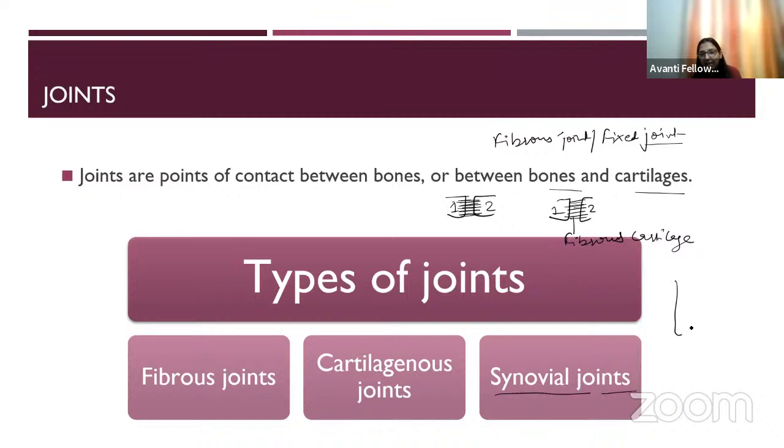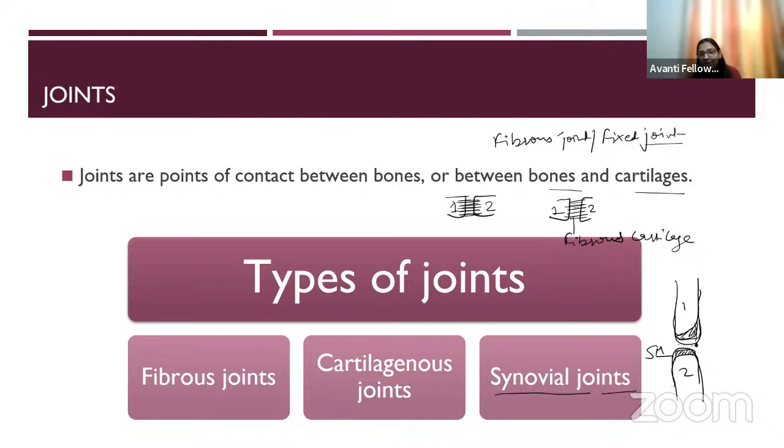Synovial joint, for example, this is bone number 1, this is bone number 2. Both the bones are articulated and covered with cartilage, and over this there's a synovial membrane.